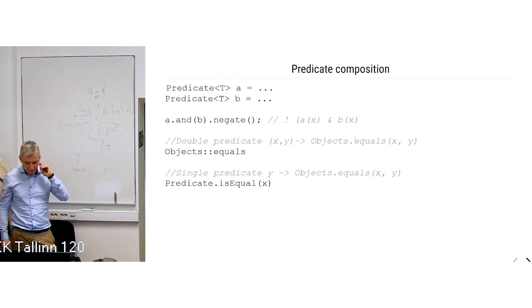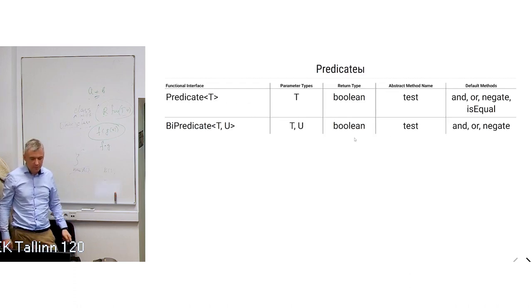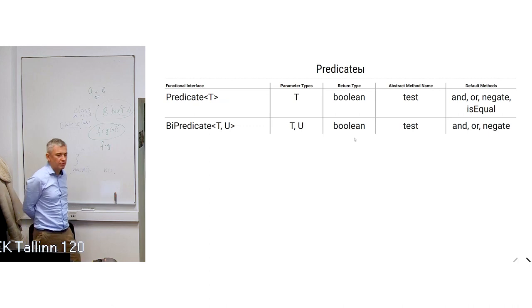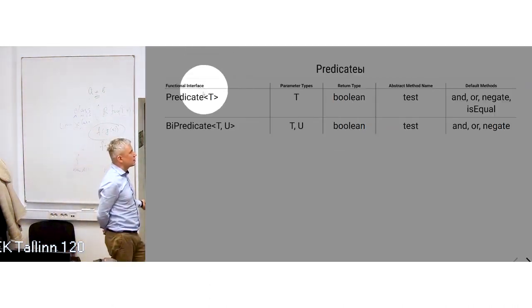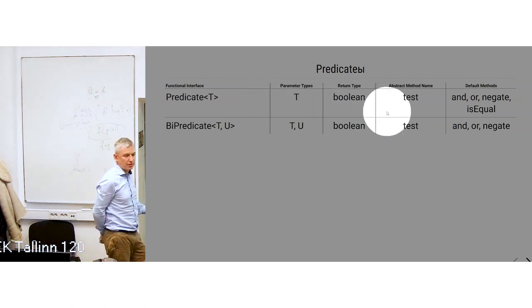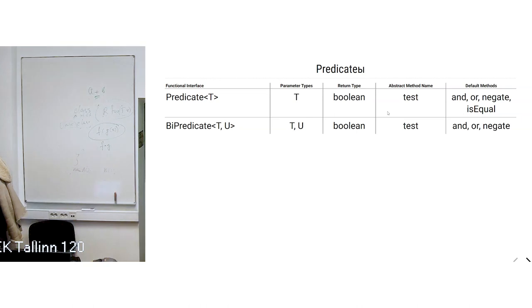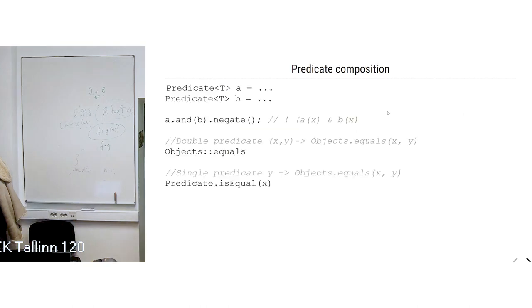Okay, and predicates. Predicates, as I told you in the very beginning, are just functions that take some parameter, any parameter, and return Boolean. I think now it's clear for you.